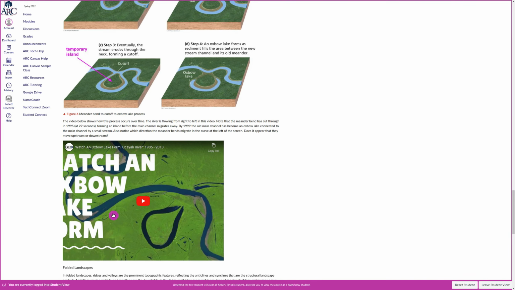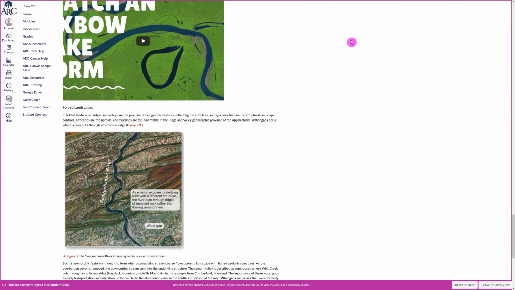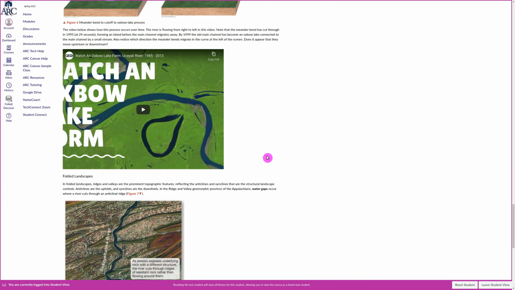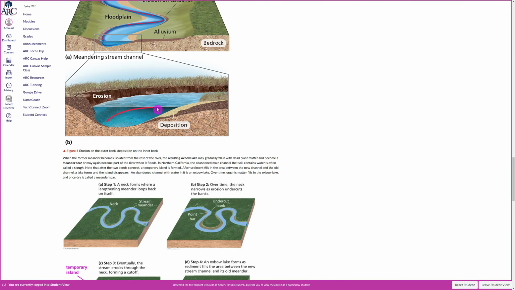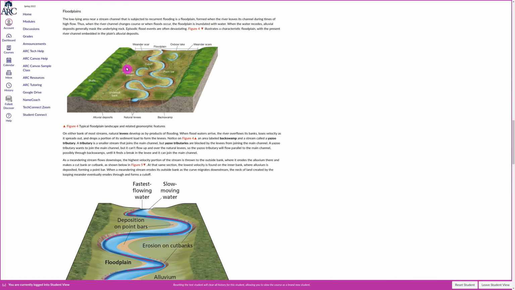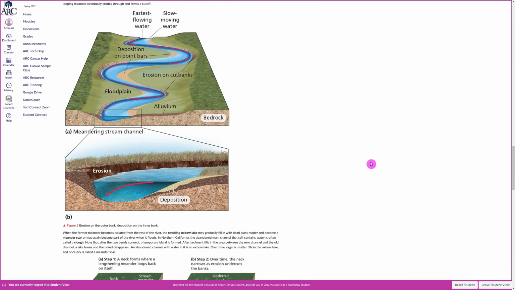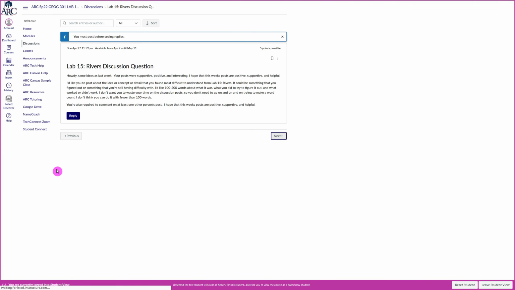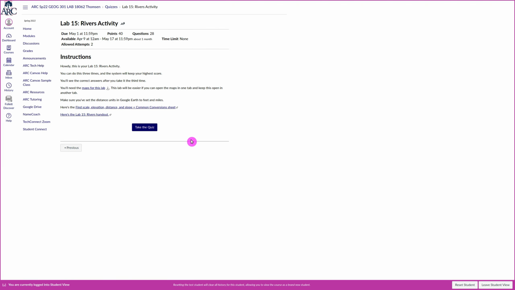There's that video; I think I made this into a GIF, but here's a video version talking about folded landscapes. So a lot of information. I highly recommend paying attention to the meandering and the key terms for floodplain features. As usual, you've got a pre-lab quiz, a discussion post, and the rivers activity. So let's take a look at this.